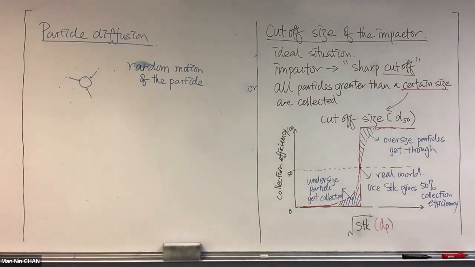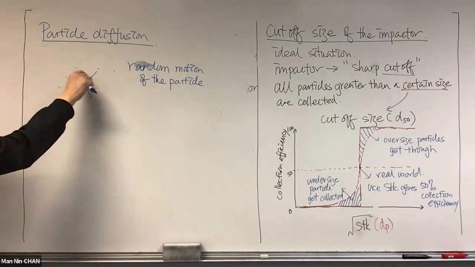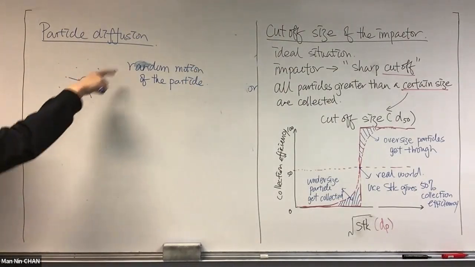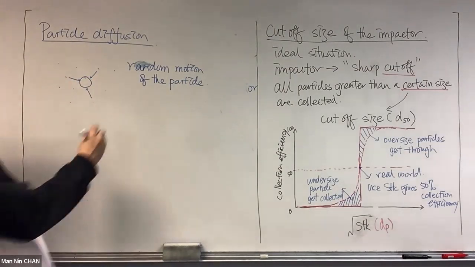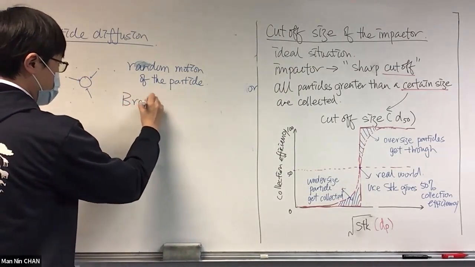Because when this collision happens, you exert some force on this particle. Eventually, we know that this can create some random motion, or irregular walk. This is called Brownian motion. I think you know this.